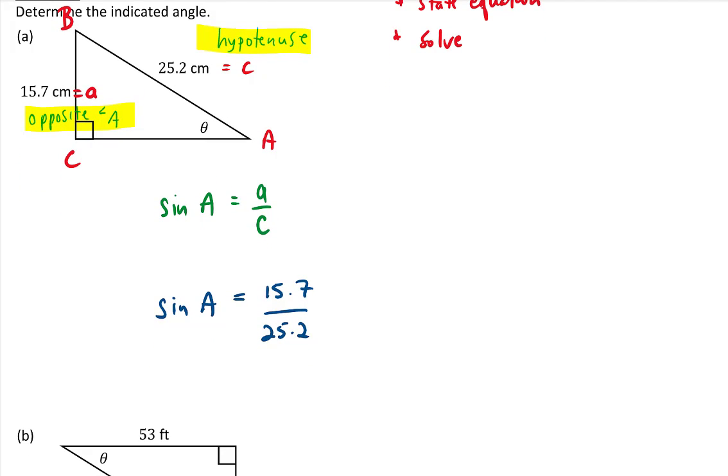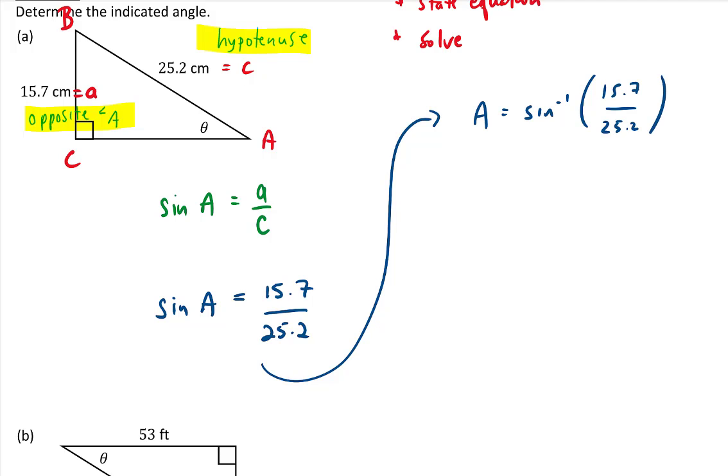What we need to do now is get rid of the sine that's attached to the A. To do that, we have to use what's called the inverse of sine, or on your calculator, sine minus 1. The opposite operation of a ratio is to take the sine minus 1 to get an angle. So to get rid of the sine that's attached to the A, we have to use sine minus 1.